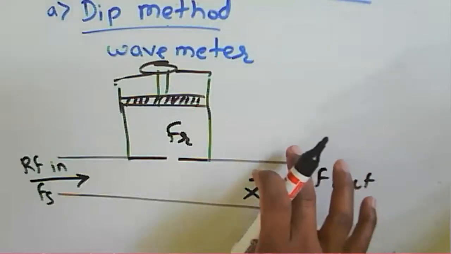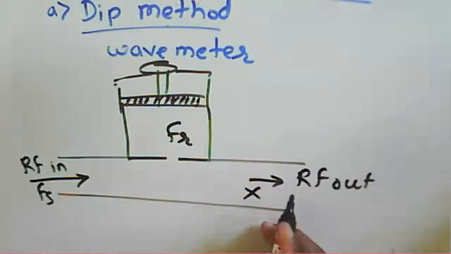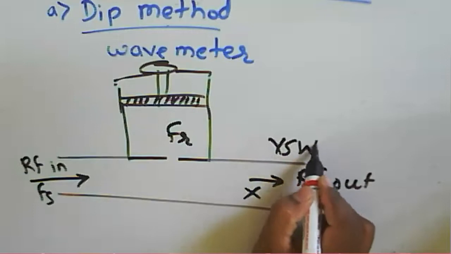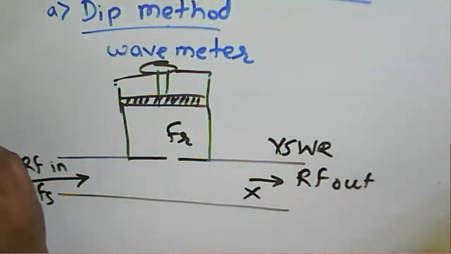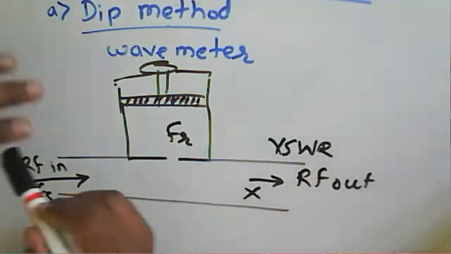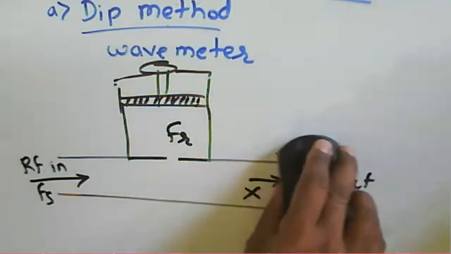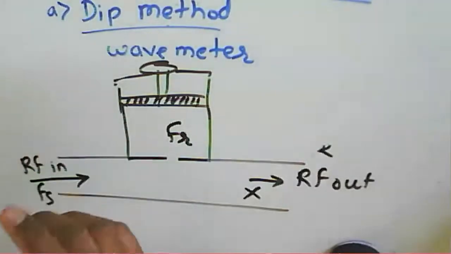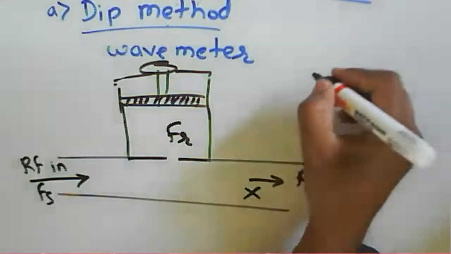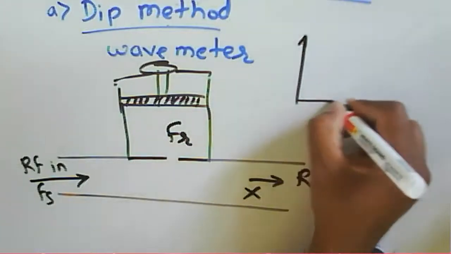If you measure the output on a CRO, or if you use a VSWR meter there, the pointer will deflect to the dip. On a CRO, the signal is an RF signal that is modulated, suppose modulated at 1 kilohertz.